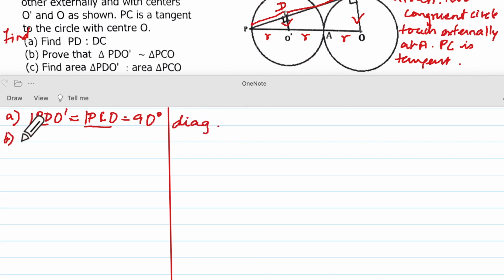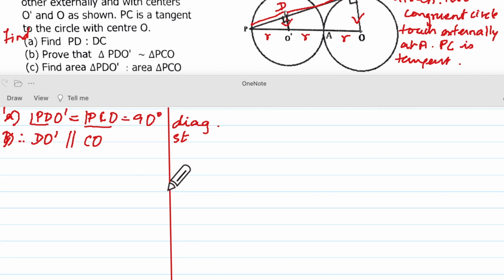Okay. Next one. Now can you see their corresponding angles? So therefore I will say DO dash is parallel to CO. And that will be from statement 1 and 2.